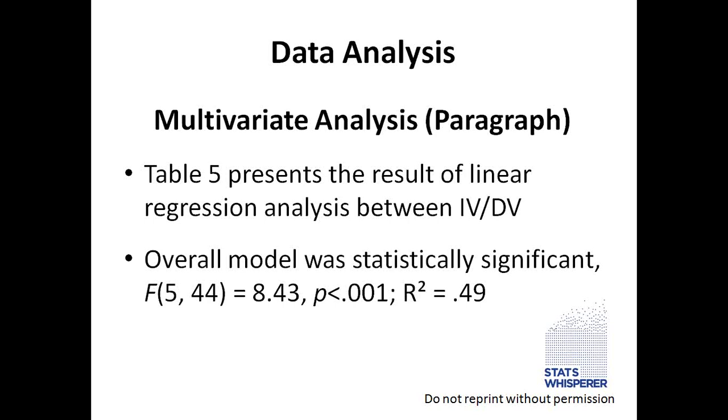It has to be below 0.05, and then the R squared, if you'll recall, is the variance explained in the dependent variable by all the independent variables. So remember, it's almost 50%. So almost half the variance in the scores of happiness, what makes them go up and down, is explained by the variables in our regression model. And so those are the first things to report.